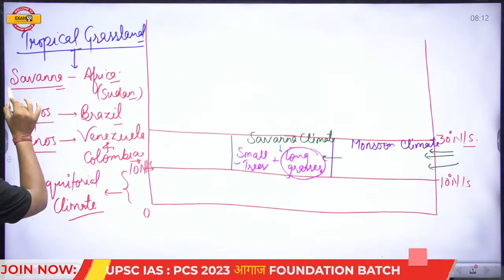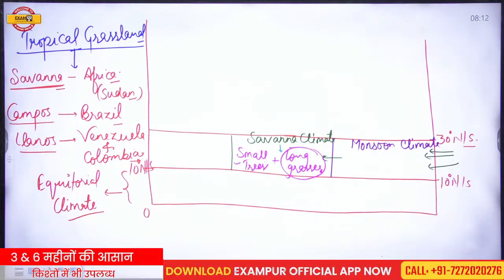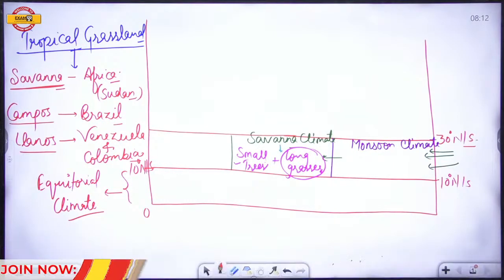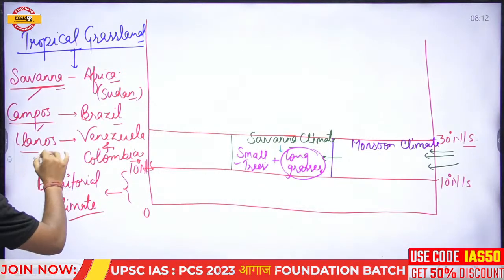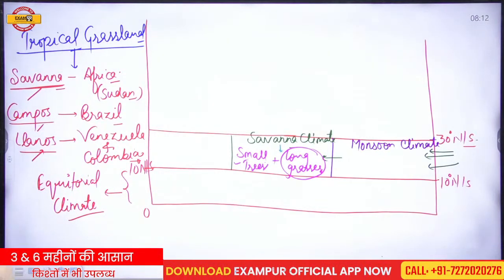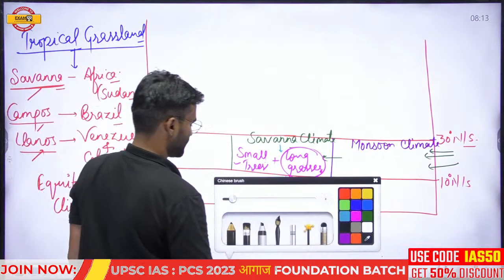So these are the grasslands found in the tropical region in this type of climatic zone, and these grasses are known by different names in different regions. You can remember these names, as they could come in your examination. So you should remember these names of the grasses.